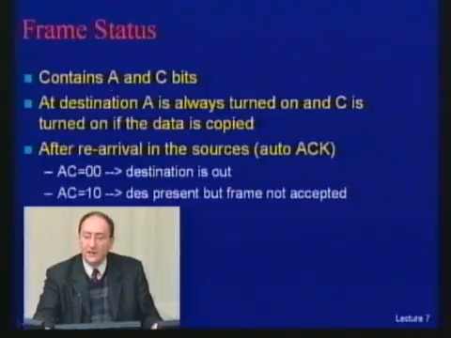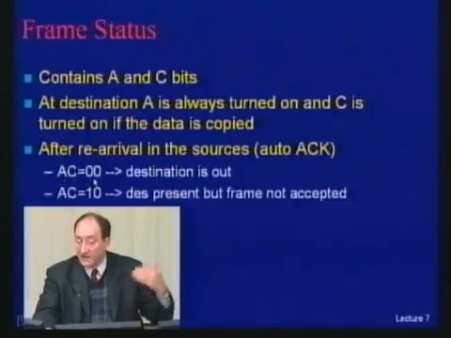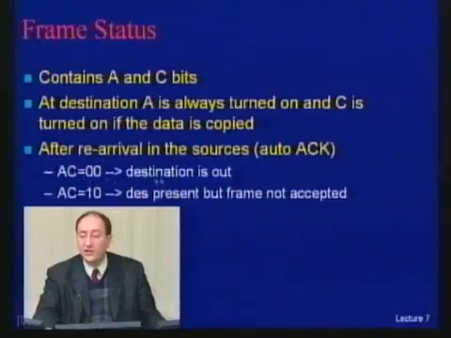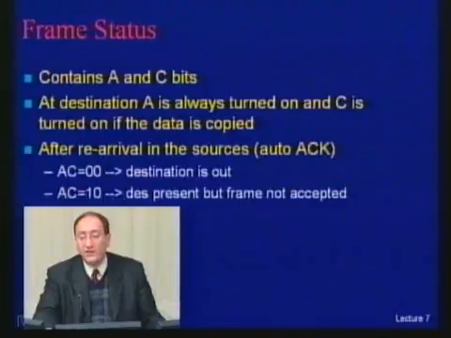Now, the A and C bits. When the packet arrives back at the source, if it is 00, it means the destination is out, not working. If it is 10, it means the destination was on but did not accept the packet. If it is 11, you are all set.